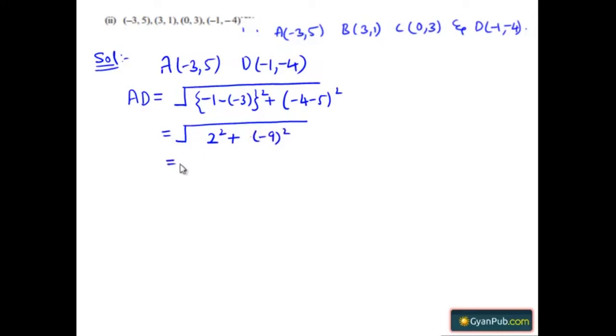That is equal to the square root of 2 square is 4 plus -9 square is 81, which is equal to the square root of 81 plus 4 is 85.